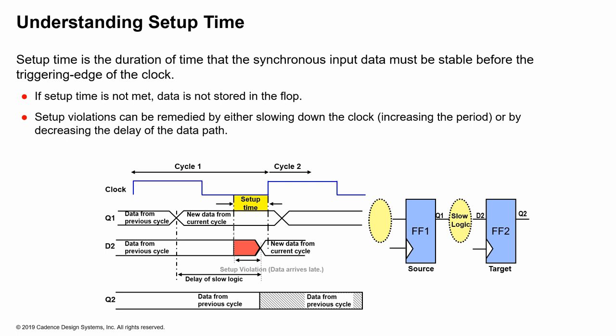So the Q1 data from the previous cycle is changing before cycle 2 begins, or the rising edge of cycle 2 for the clock. Because the new data is already arriving, the data is not going to be saved into the target flop.